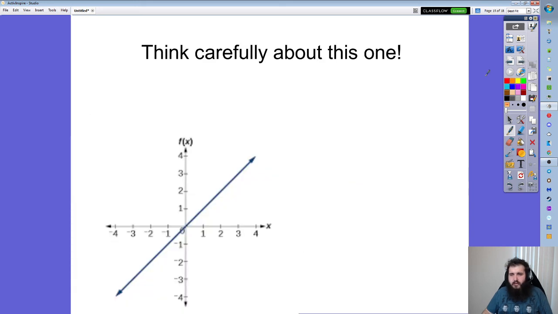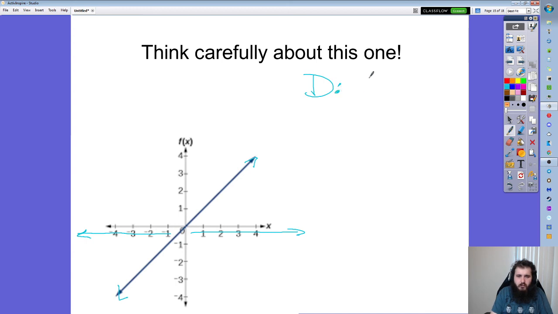Okay, so take a minute, think about this one. Okay, so notice arrows, right? There's an arrow here, there's an arrow here. The x values, they're going all the way, both ways, just like in that one a couple times ago we had, right?